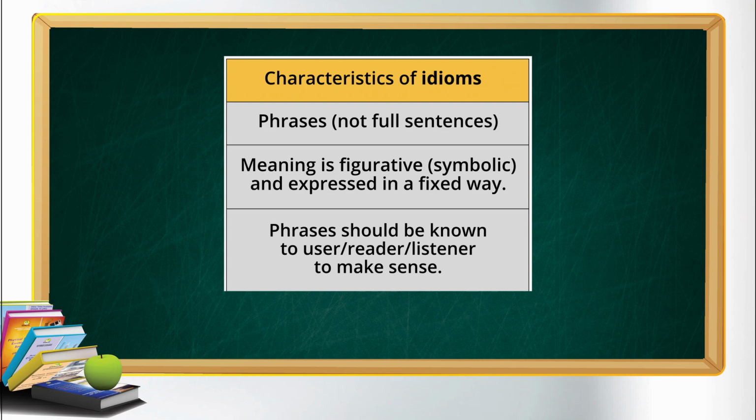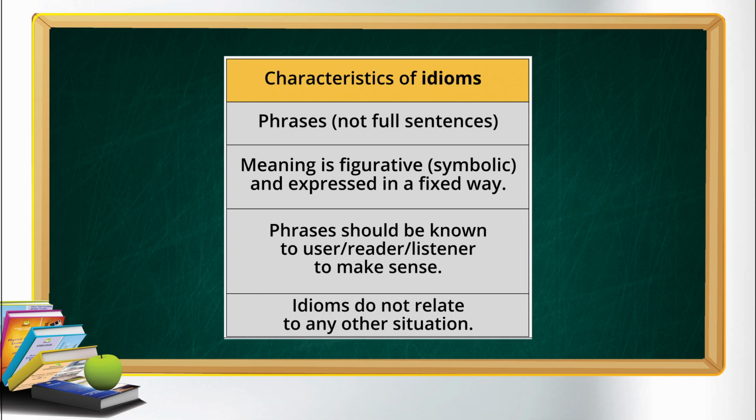Thirdly, because it is a symbol, it needs to be known to the user, the reader and the listener for it to make sense. And fourthly, an idiomatic expression does not lead or relate to anything else. It is not applicable in a different meaning.